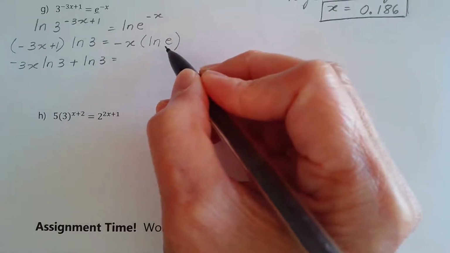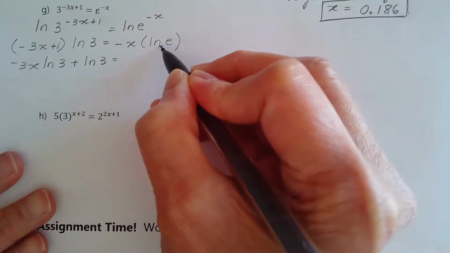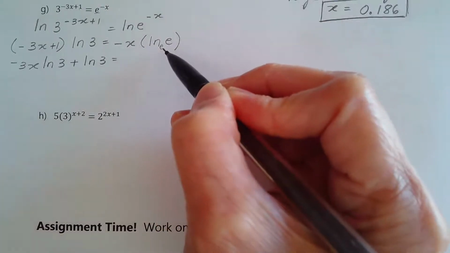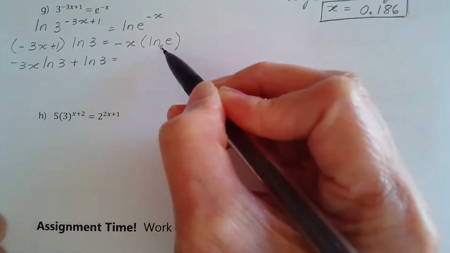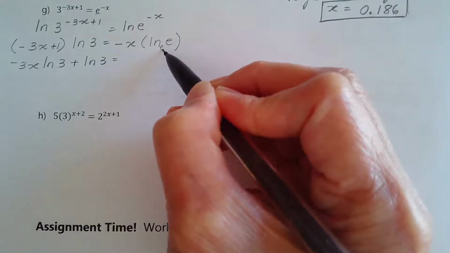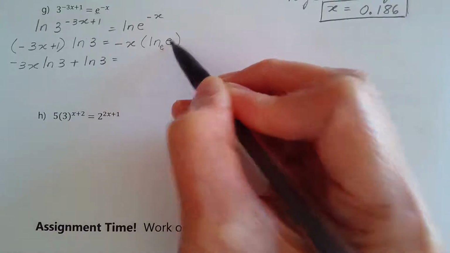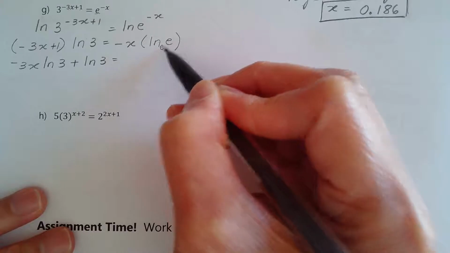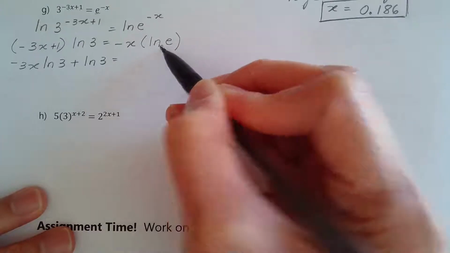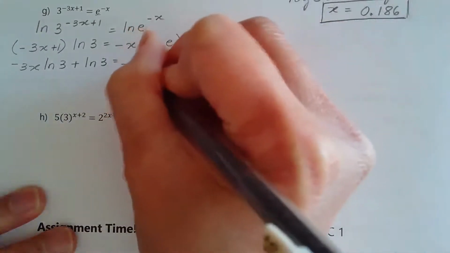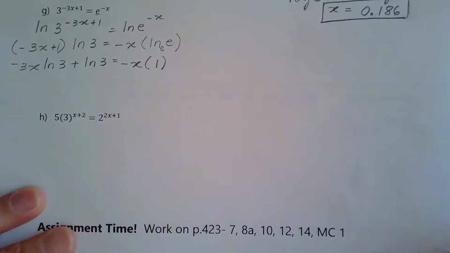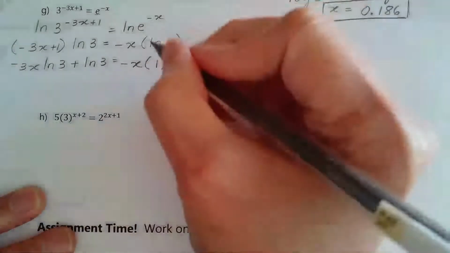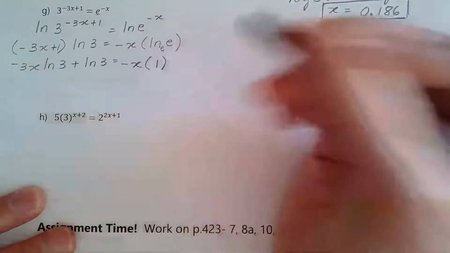We can actually simplify this. Remember, the natural log is for base e. What exponent do I need to raise e by to get e? So natural log of e is actually 1. That becomes negative x times 1, so this is equal to negative x.